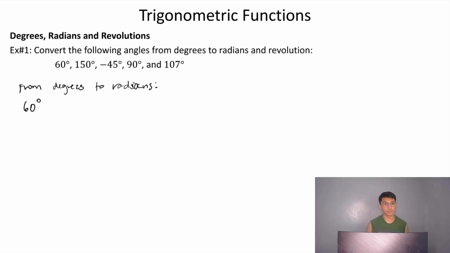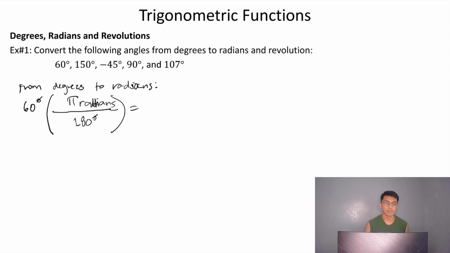Now, to convert that, we will use the conversion factor from degrees to radians, which is pi radians over 180 degrees. To convert, we just cancel the degrees. Now we have 60 over 180.